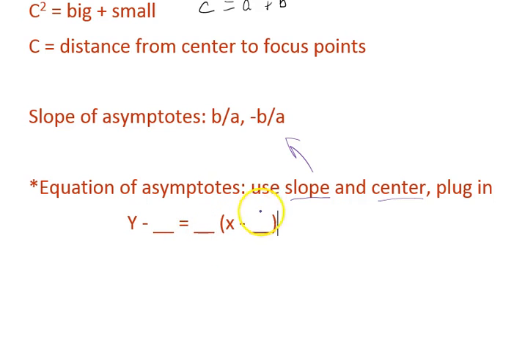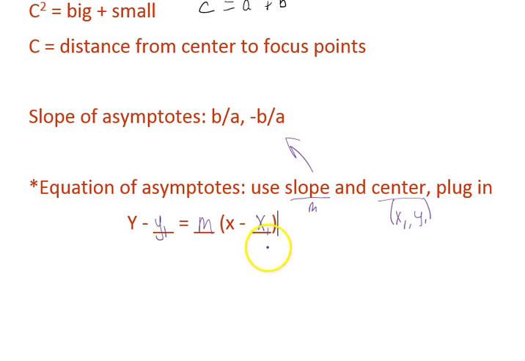Well, what goes where? The center is a point, so I'm going to call it x1, y1 for the moment. The x and y from the center, you'll have actual numbers there, but you plug the x value in with the blank at the x. So this would be where you plug that one in. You plug the y value in with the blank at the y. And the slope, which we normally use the letter M for slope, the slope goes in front.